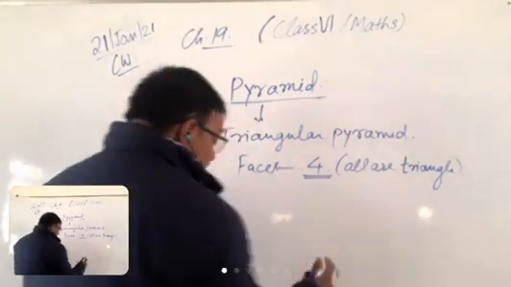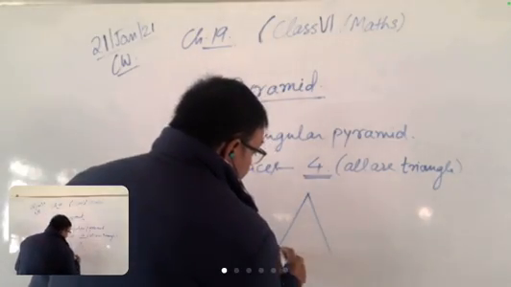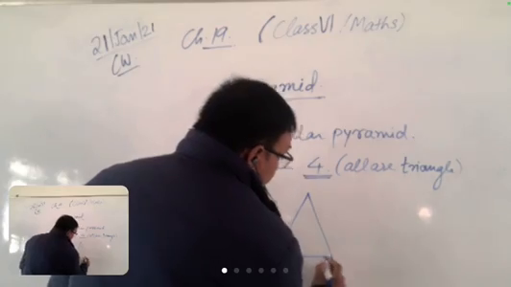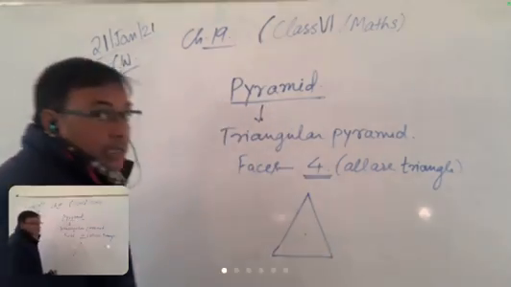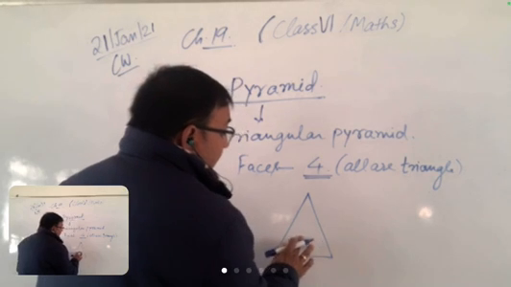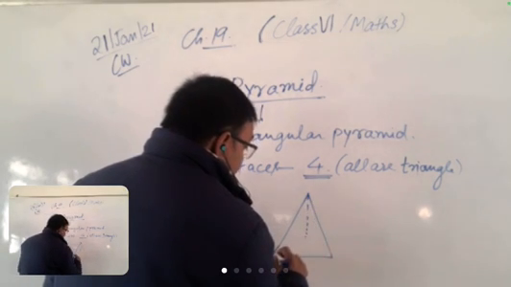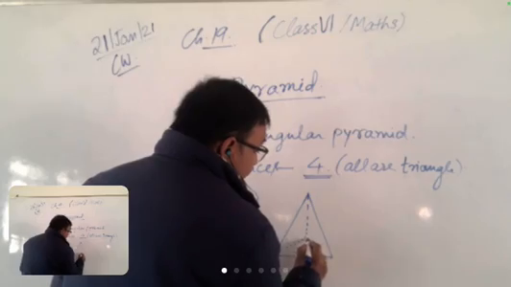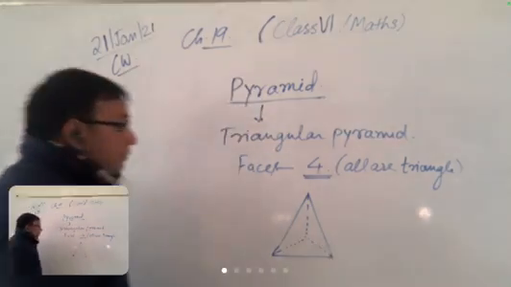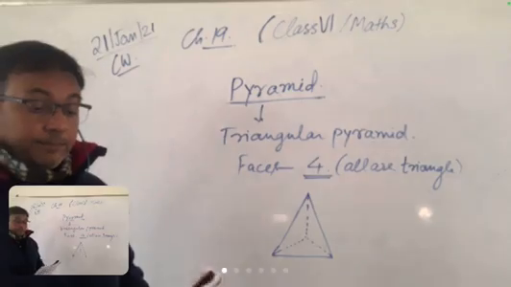So first you make a triangle like this. Put a dot anywhere, not exactly at the center. Then you can join like this. Clear?